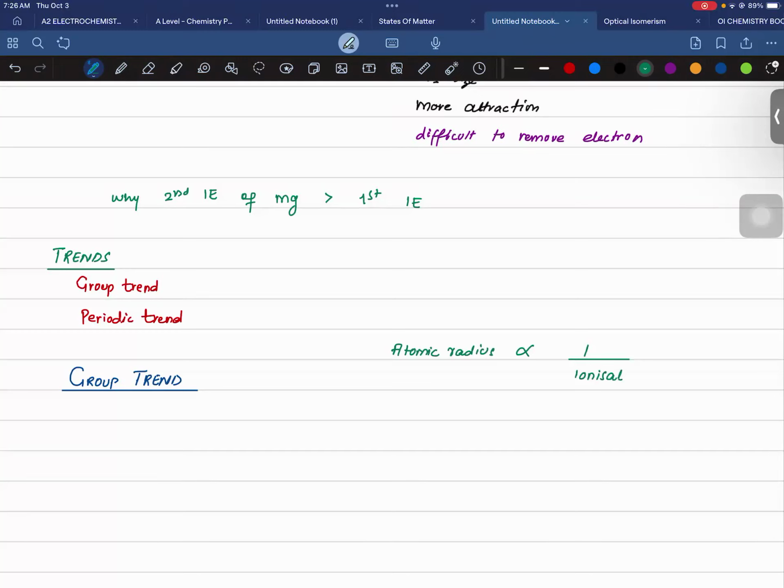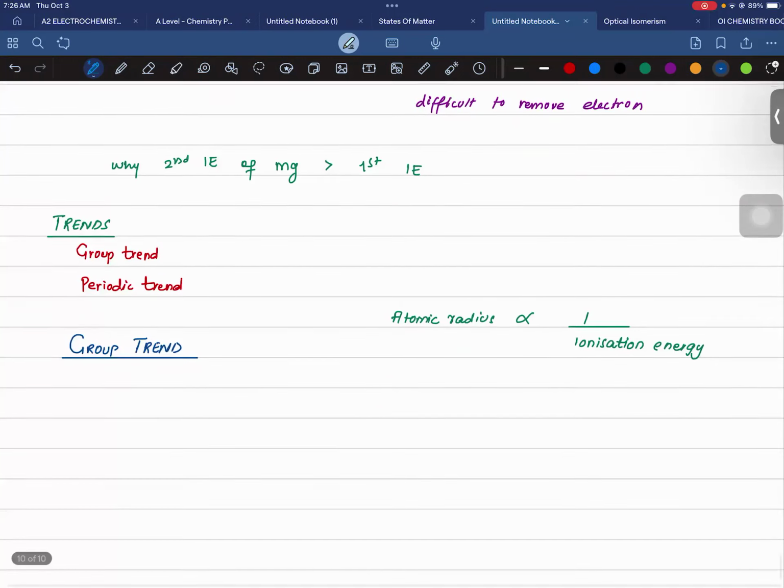As we go down the group, the number of shells increases. When the number of shells increases, it means the shielding is going to increase.